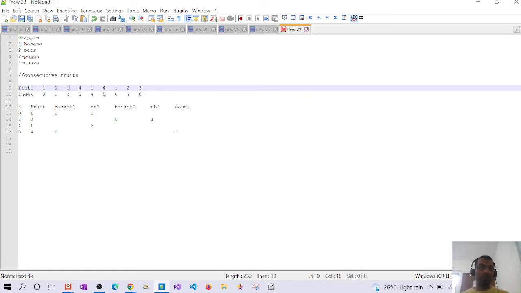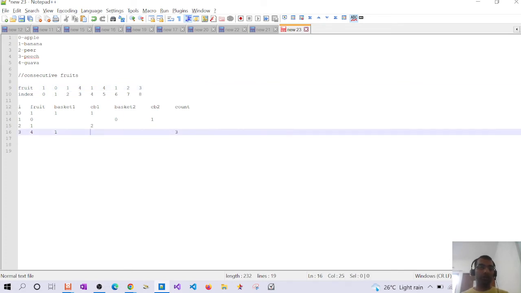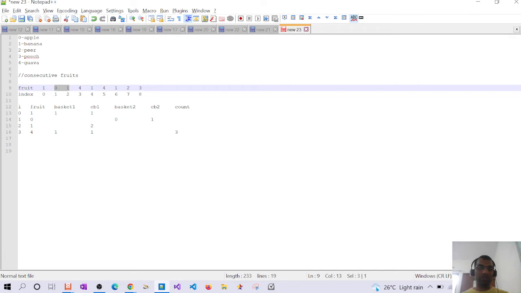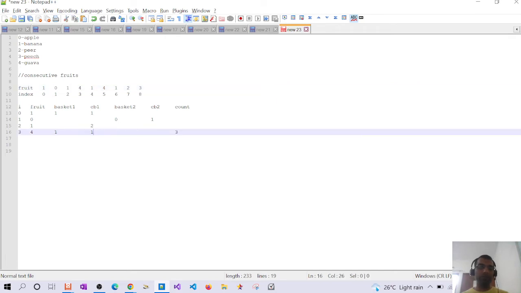So what we'll do is from this index, by going back, we'll count how many consecutive fruits of type 1 we have. So we'll have only one. So we will keep the count as 1. So this is one of the twists in the question which we need to understand, going back. And the new fruit which you have to place in basket 2 is 4 and its count will be 1.